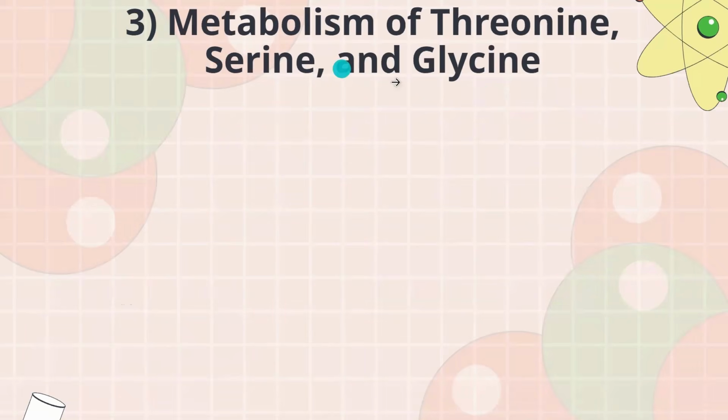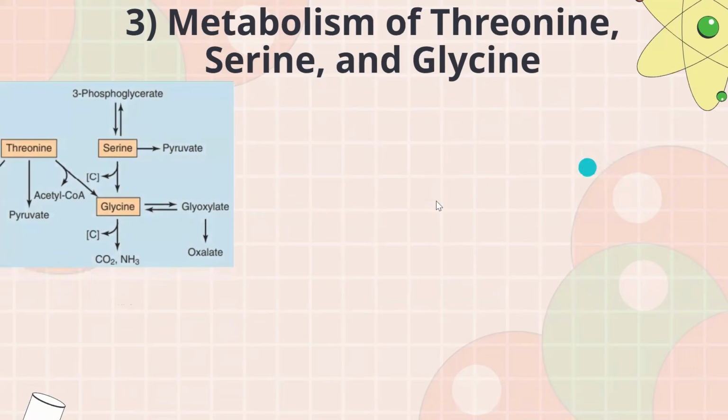Now, the third thing, the metabolism of threonine, serine, and glycine. Now why is this very important? Threonine, serine, and glycine are all related and have the same metabolic pathway. So basically here, serine itself, along with threonine, is eventually going to contribute to the formation of glycine.